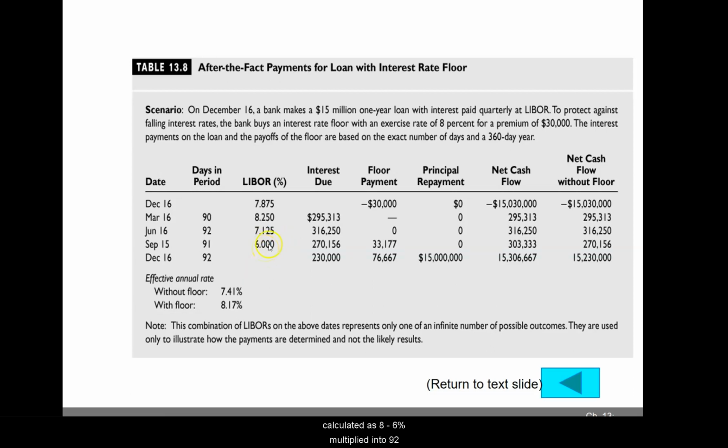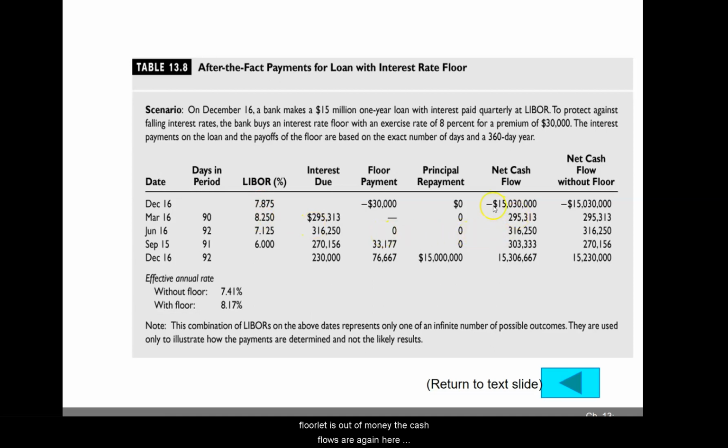So the payoff will be calculated as 8 minus 6% multiplied into 92 divided by 360 multiplied into 15 million, and hence the gain is 76,667. So whenever the interest rates go down, the floorlets are in the money, and when the interest rates are higher than the exercise rate, the floorlet is out of money.